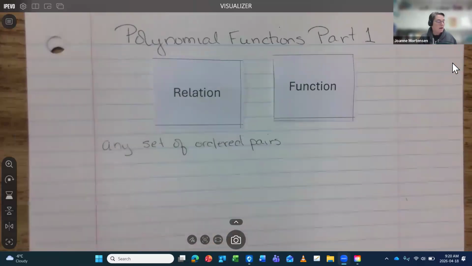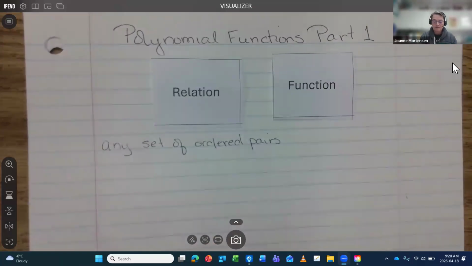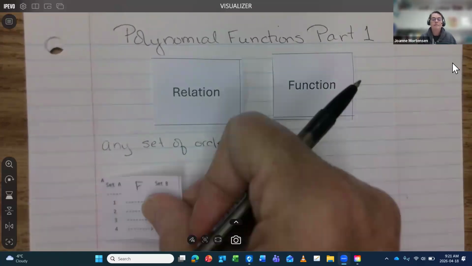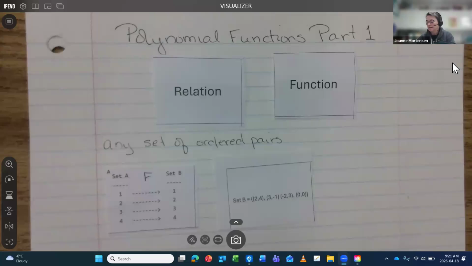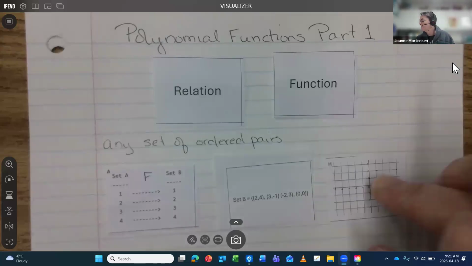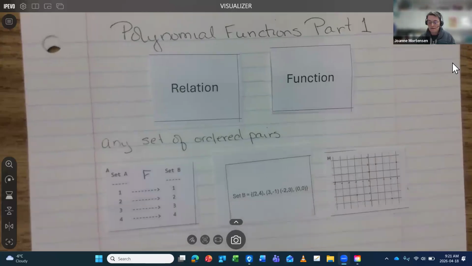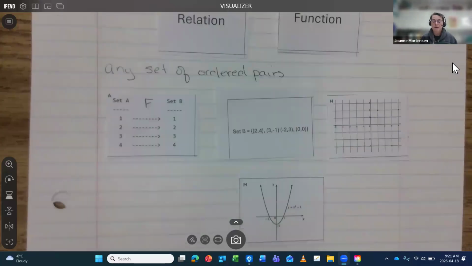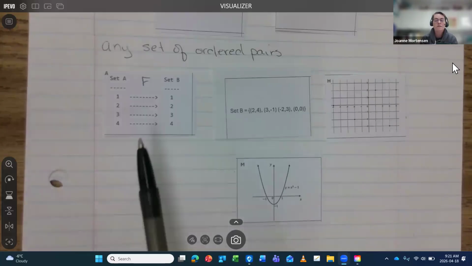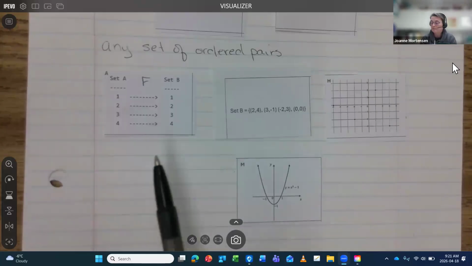And I can show them like that, or it can look like that, or like that. Here's another one, or it can look like that. So this is just called a mapping diagram.